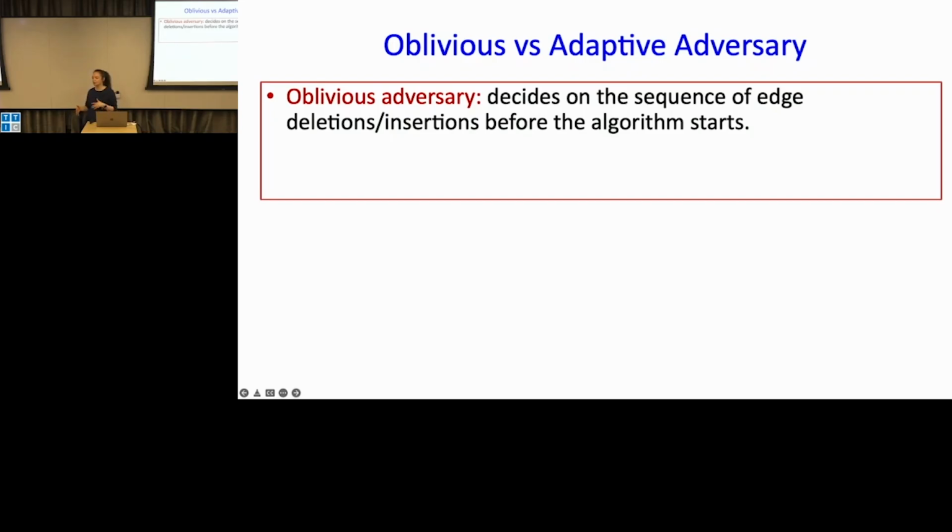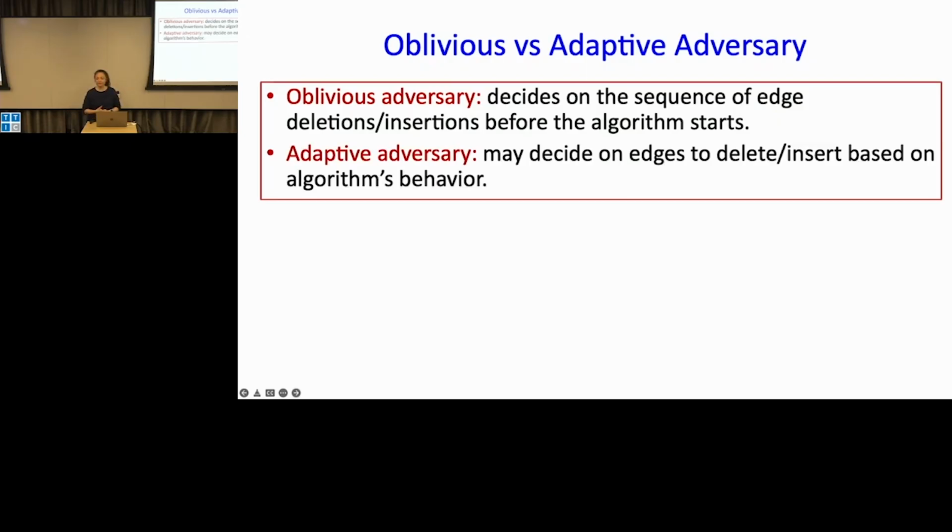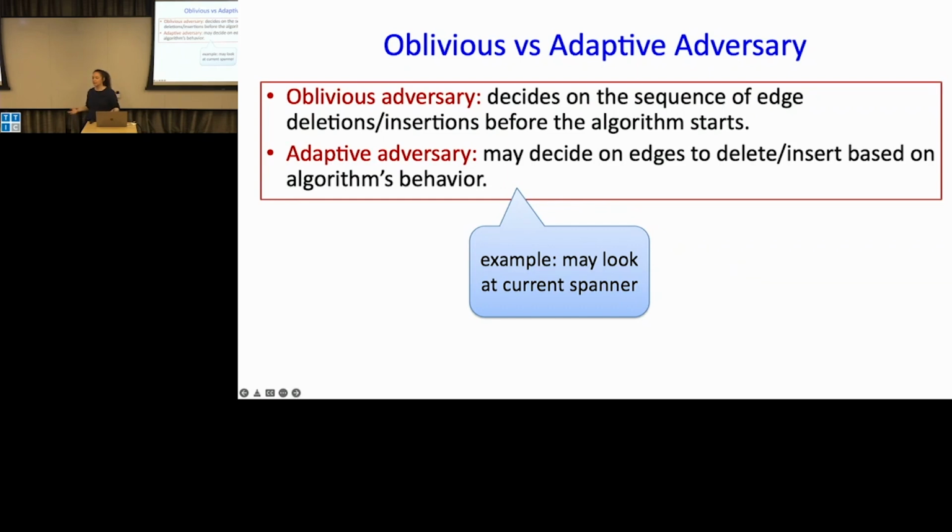It cannot use any information it gained during the algorithm. In the adaptive adversary setting, every time the adversary may look at what happened so far and decide which edge to update next. For example, it may look into my current spanner and start deleting edges that lie in the spanner. Or it may look into the inner state of my algorithm and do things that are bad for it.